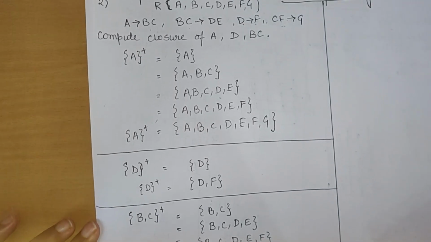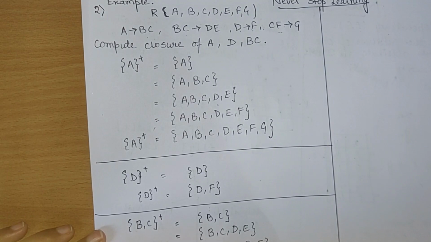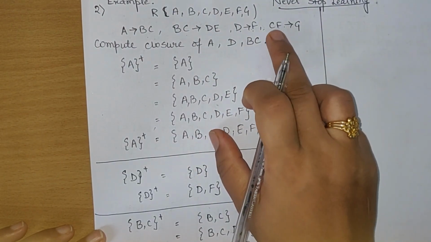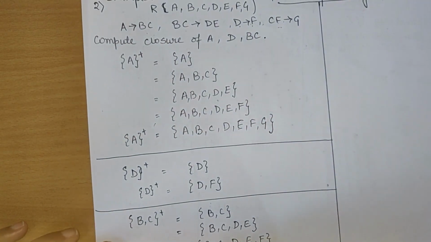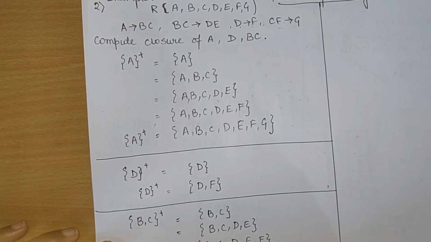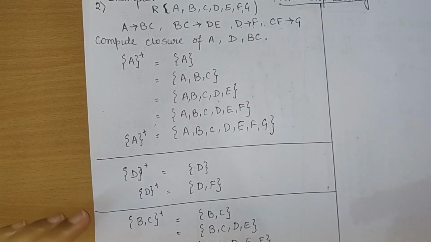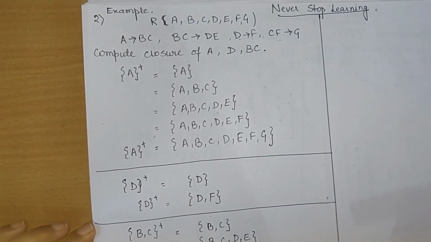After this, using CF together, now in the result set I have C and I have F also. So using CF together, I am allowed to determine G also. So B, C, D, E, F and G. Fine, that's it. Anything else we can determine?